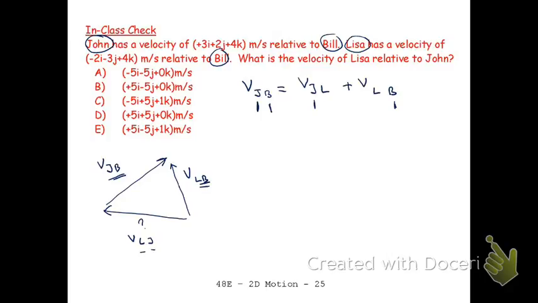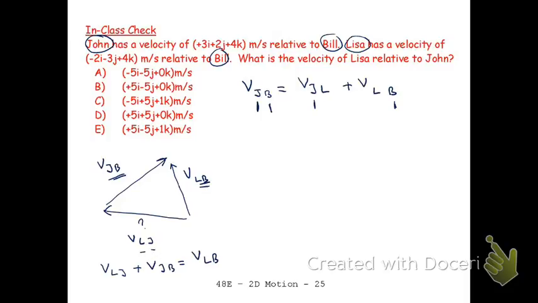So this is John relative to Bill. And, oh yes. So that's John. So let me sort this out. So this is saying that the velocity of John, Lisa to Jill plus the velocity of John to Bill is equal to the velocity of Lisa to Bill.